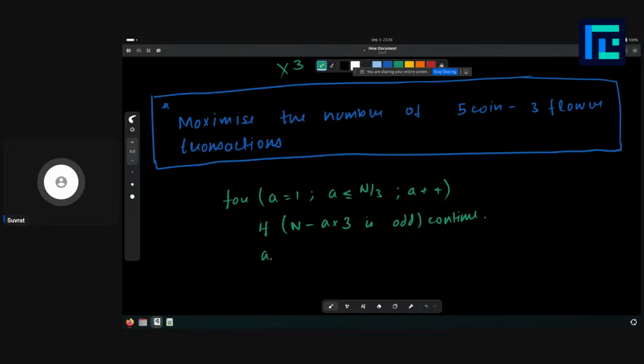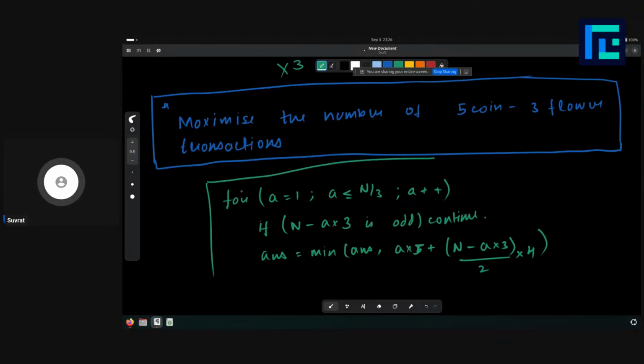Else, answer is equal to minimum of answer comma a into 3 plus n minus a into 5 plus n minus a into 3 by 2 into 4. So one way to solve this would be using this O of n by 3 for loop.